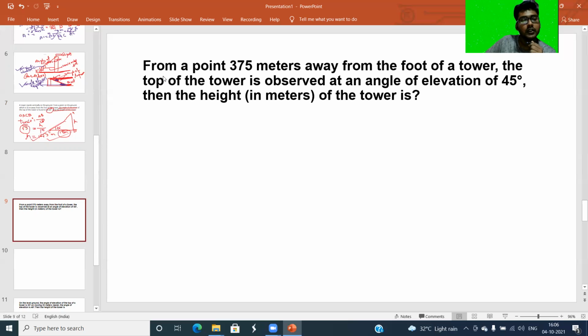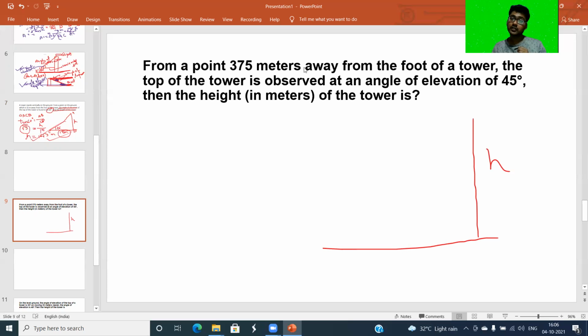देखो क्या है इसमें. From a point 375 meters away from the foot of a tower, the top of the tower is observed at an angle of elevation of 45 degree, then the height of the tower is? Same question, height of the tower. Okay, let it be H, it is the base.